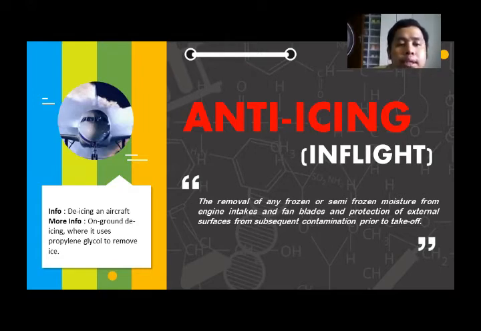So, from the picture, this is an example of the anti-icing process on aircraft, but this method is another type, de-icing, which is on-ground de-icing, where it uses propylene glycol to remove the ice.